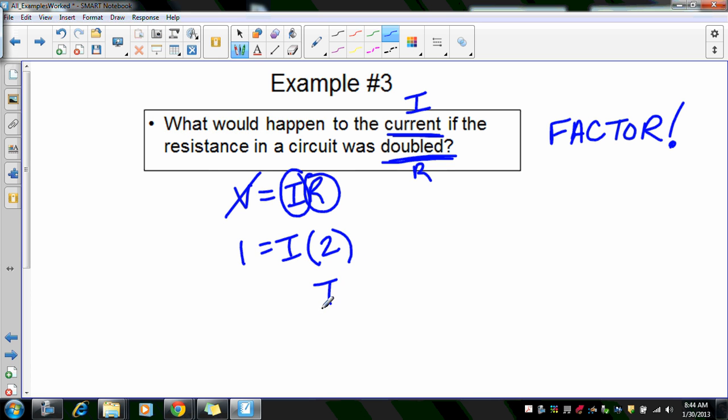So then we solve for I, and we get 1/2. Plus, we also know that these have an inverse relationship. So if resistance doubles, current should halve. Inverses of each other, 2 and 1/2. So if resistance doubles, current is half of the original.